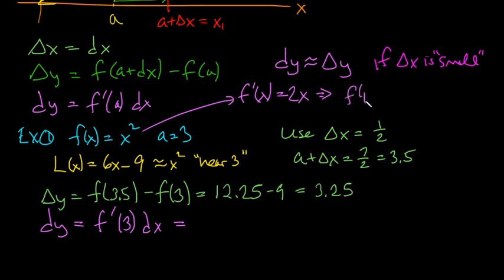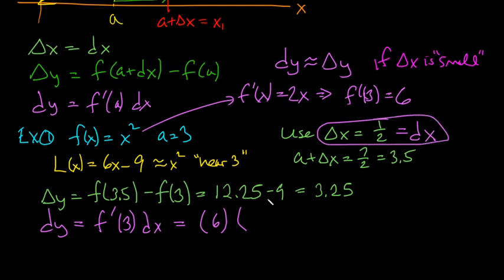So f prime of 3 is again 6, 2 times 3 is 6. So this is 6 times dx, same as delta x, 1/2. So 6 times 1/2 is 3, which is approximately 3.25. Obviously not the same thing, but that's exactly why we said that dy and delta y are not exactly the same, but they are approximate.